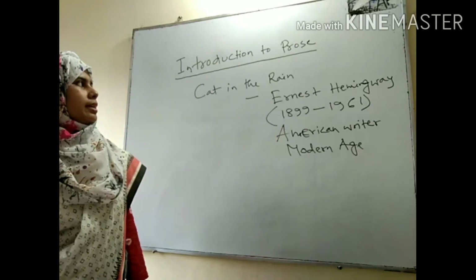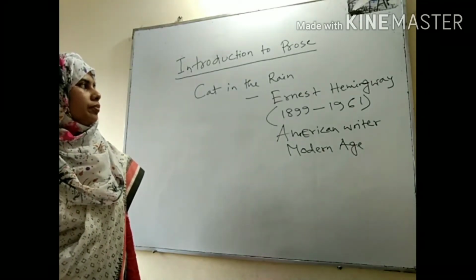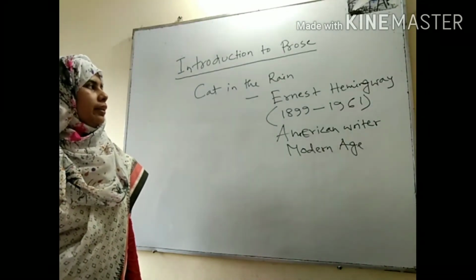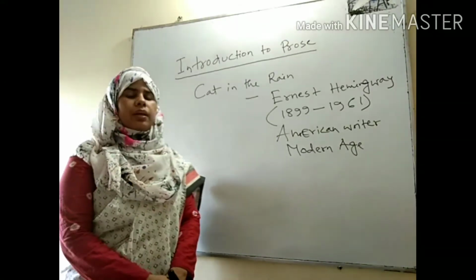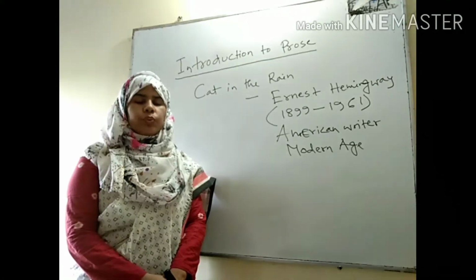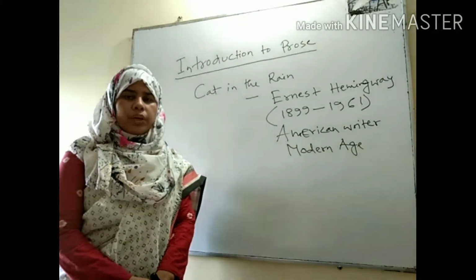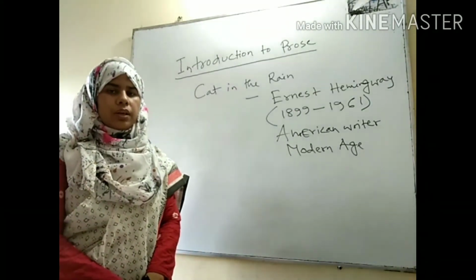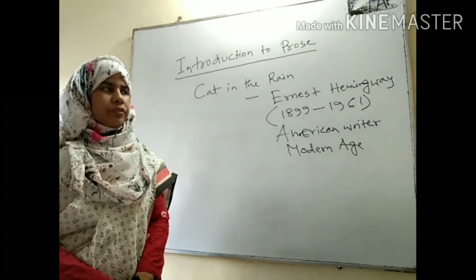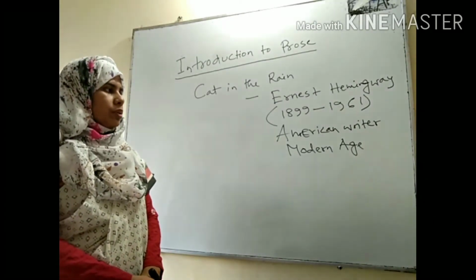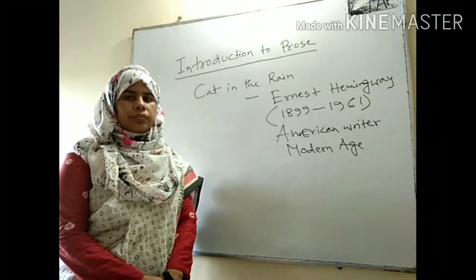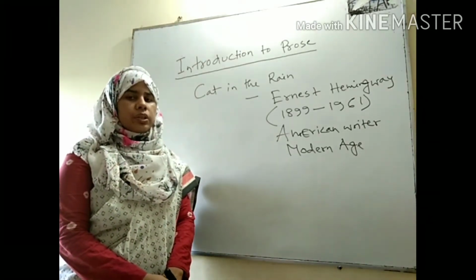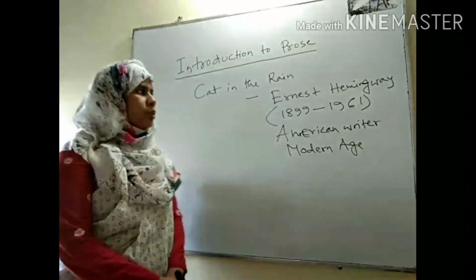Cat in the Rain is actually one of the most important and interesting short stories of Ernest Hemingway, which deals with the theme of loneliness and frustration of an American wife. So, first let me introduce you to the major characters of the story.